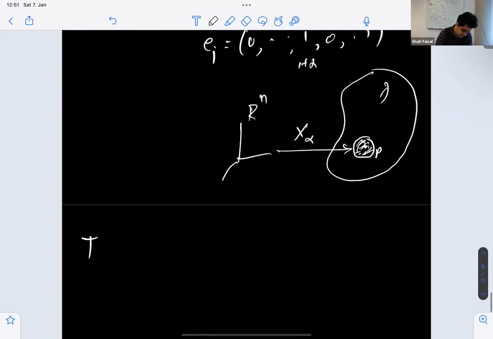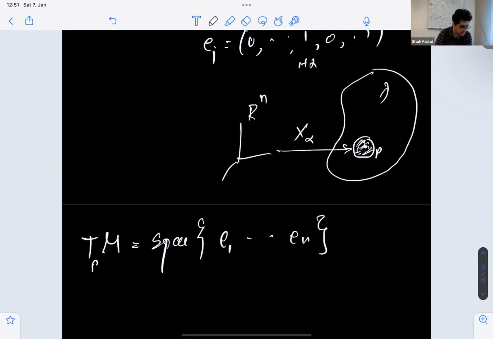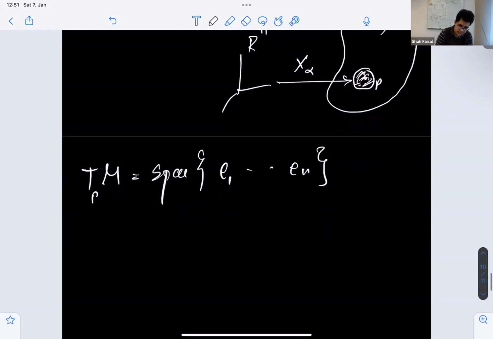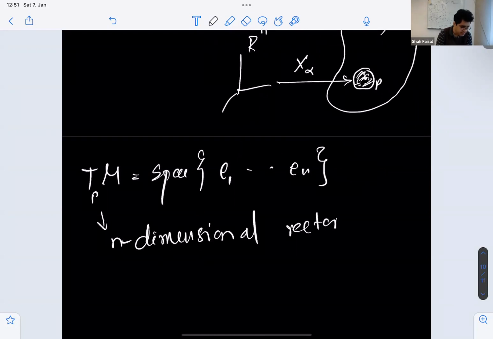So the tangent space of M at the point P would be spanned by these standard vectors, right? So you have this n-dimensional vector space. Here I'm cheating.